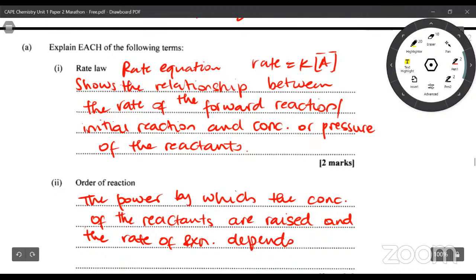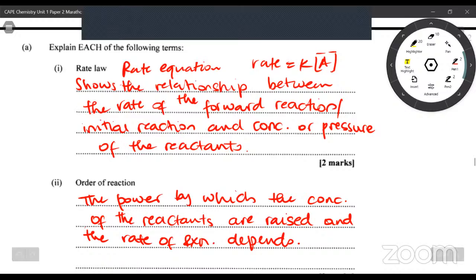So that would be the order. If you had said here A to the 1, that would be first order with respect to A, and the overall order would be 1, and we'll get to that soon.